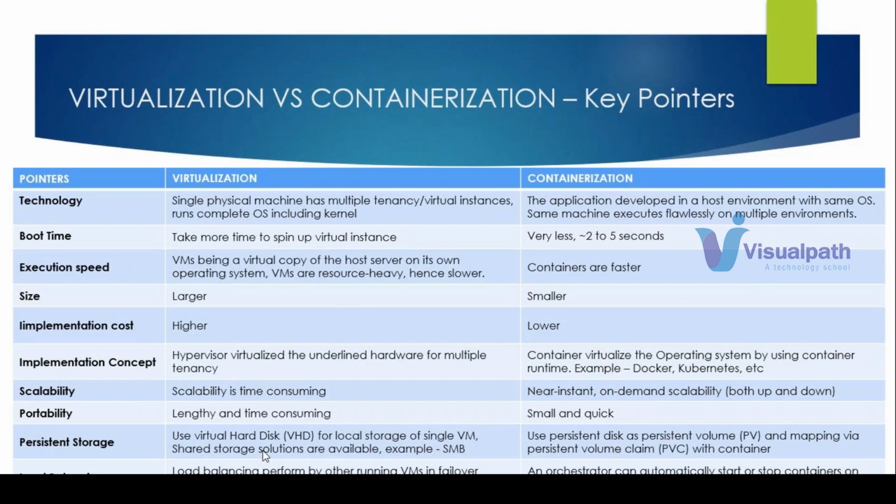In containerization, we can utilize the same principle with the persistent volume, but there are two key items: the persistent volume, where we gather some sort of storage from the available set of resources, and the persistent volume claim. That claim can be integrated with the running container itself.